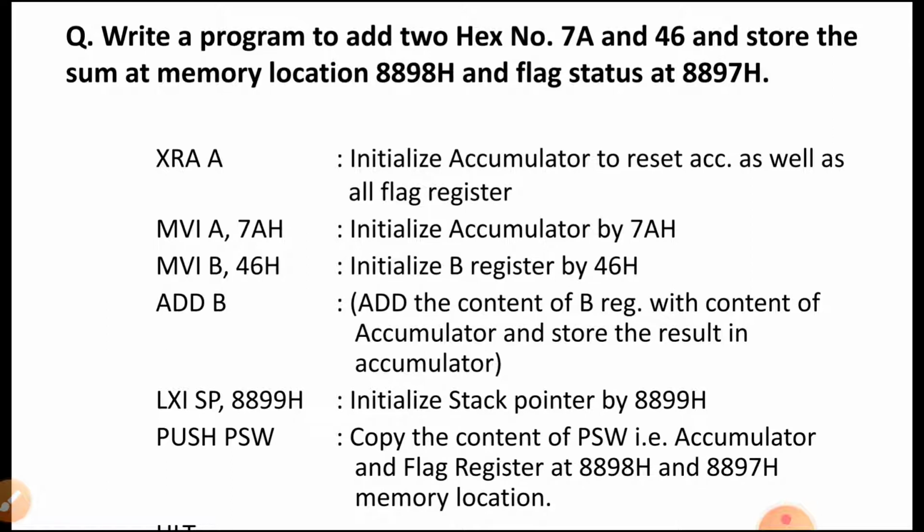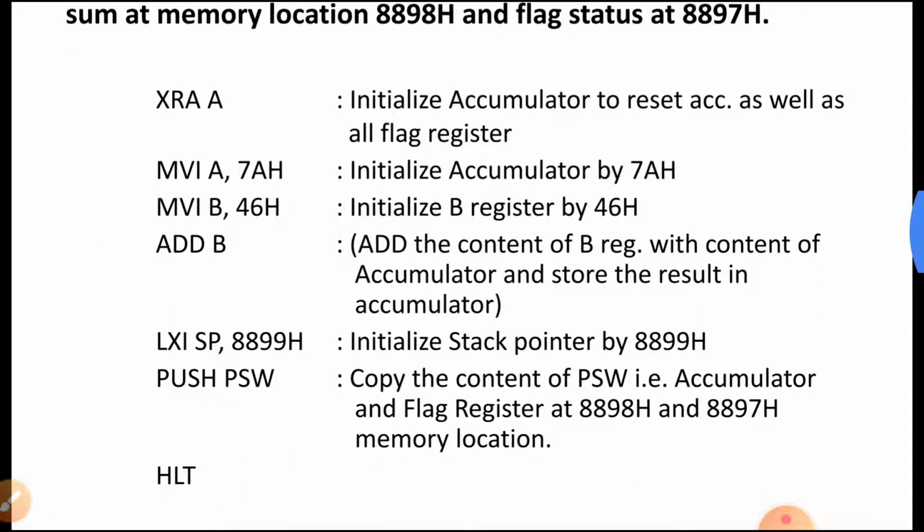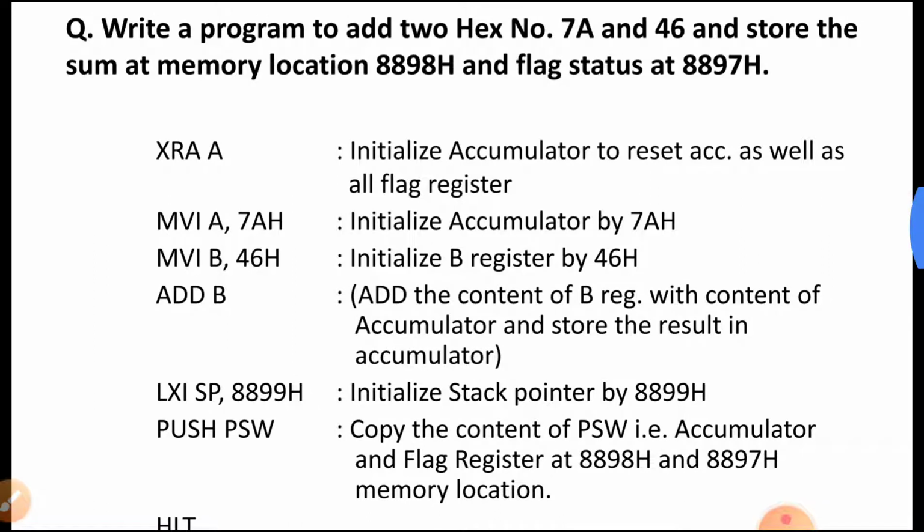So previously all the flags should be cleared, and for that I have used the instruction XRA, whose purpose is to do the XOR operation of the accumulator with itself, and by doing that the accumulator content will be cleared as well as the flag registers. So just because of this initialization process, the first instruction is written as XRA A.